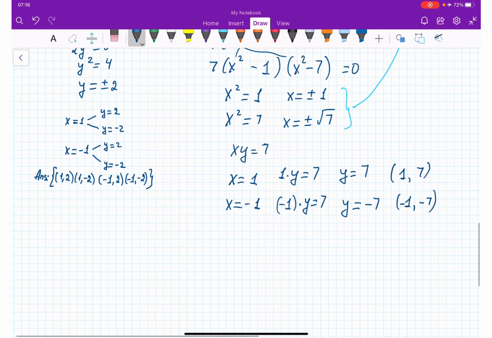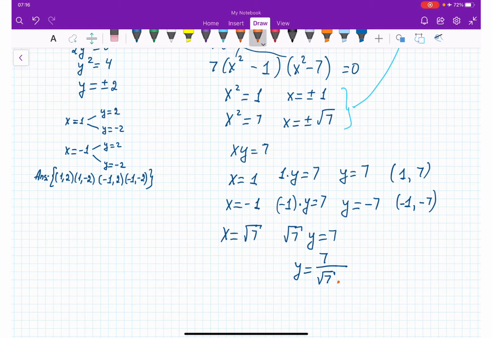All right. Next, x is equal to positive square root of 7. Which means square root of 7 times y is equal to 7, right? y is equal to 7 divided by square root of 7. We cannot have a square root in the denominator, so we are going to rationalize, meaning get rid of the square root.